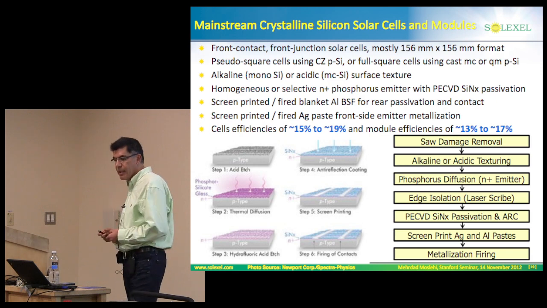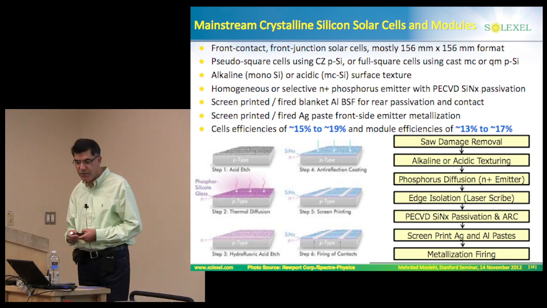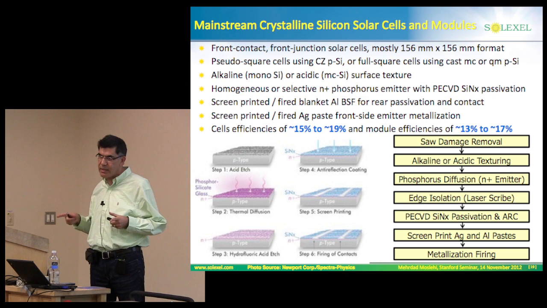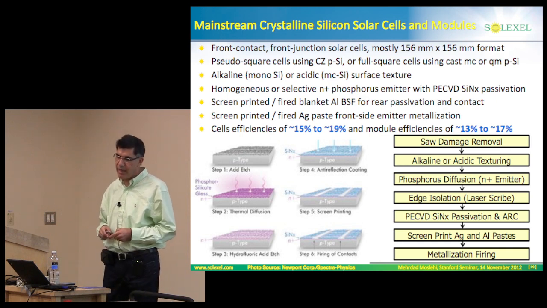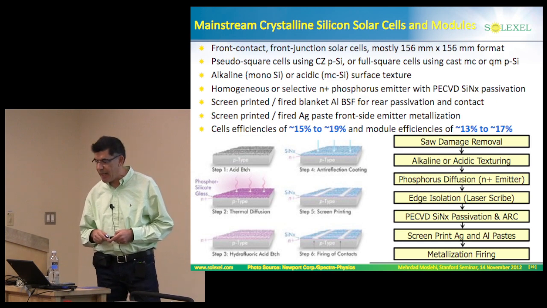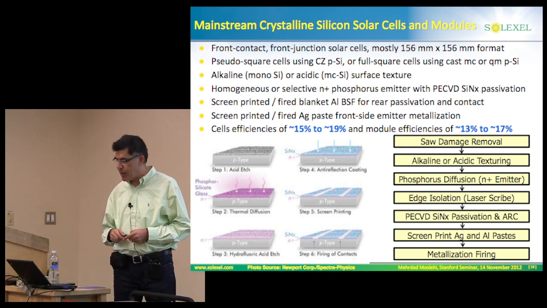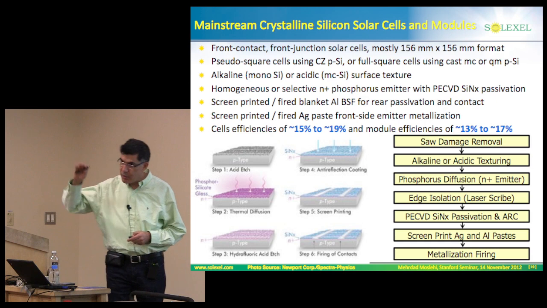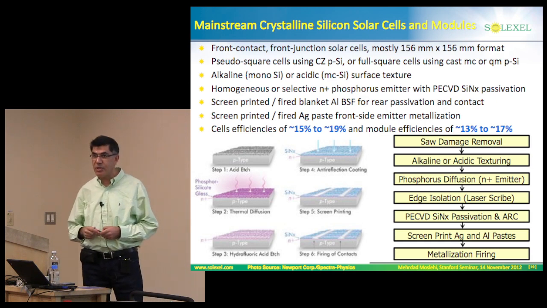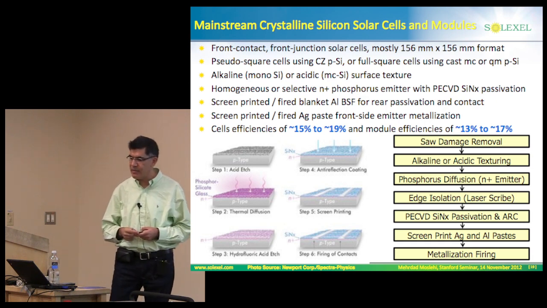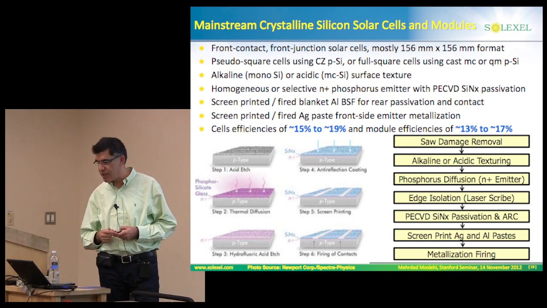Typically, this is done with POCl3 or phosphorus diffusion. Then you have to isolate the edge to make sure that you don't have parasitic wrap-around, and then put the front side passivation, which is typically silicon nitride passivation. It also serves as anti-reflection coating.